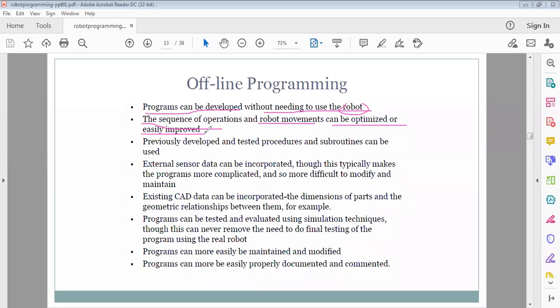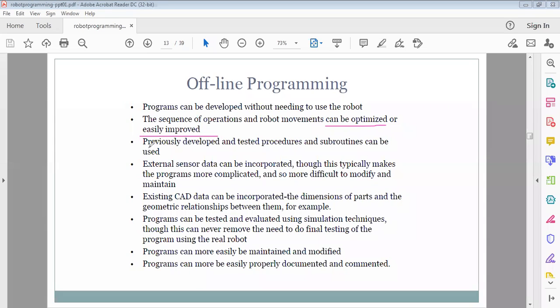This is a very important statement. We can optimize the robot movements, and we can also easily improve them. We can easily edit the program.